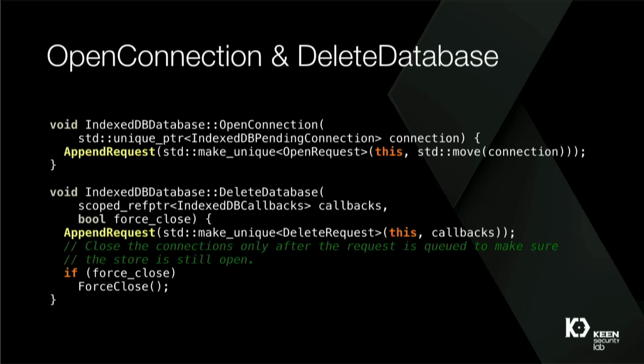The open connection and the delete database are very similar. When we call open or delete database, they won't do it immediately. Instead, they first create a new request, and then they pass the new request to the append request function.